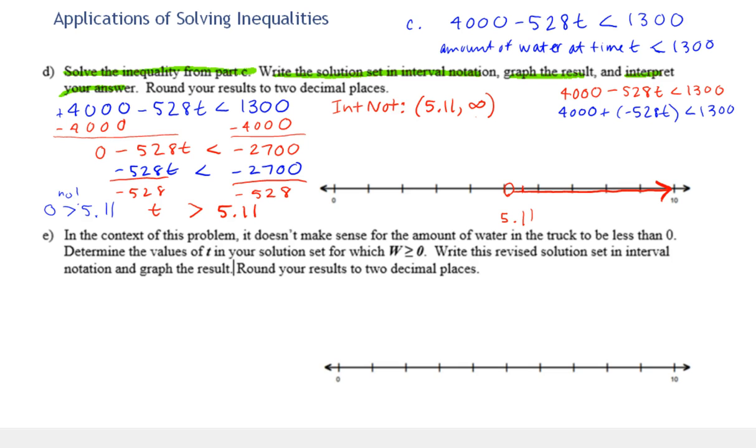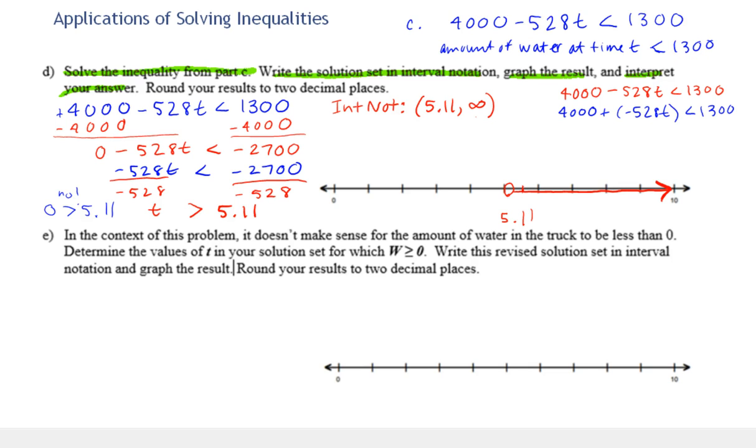Okay, so we have one last thing to do, and that's interpret our answer. So what does this mean? Remember, we were trying to find the values of t so that the amount of water in the tank is less than 1,300 gallons.